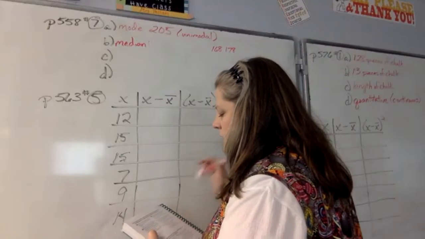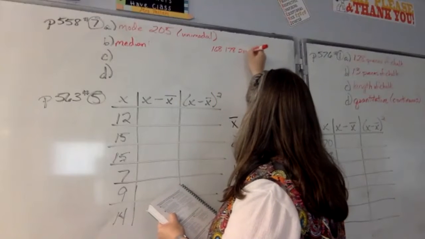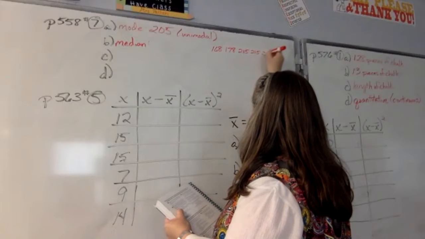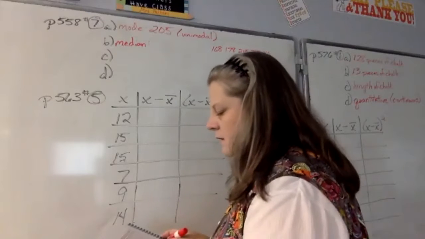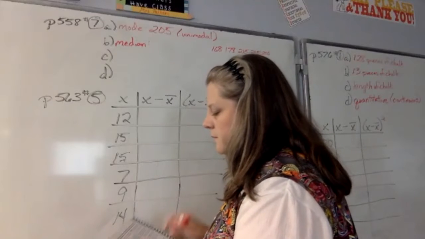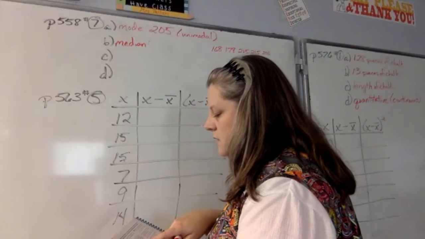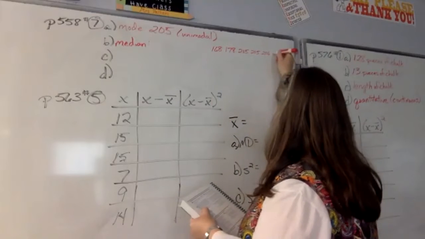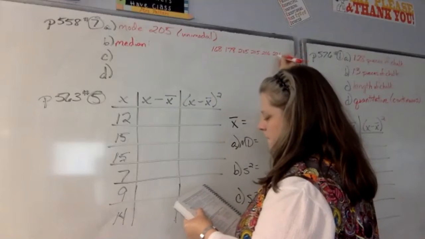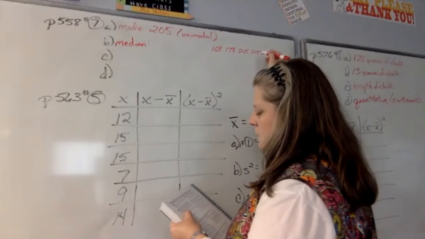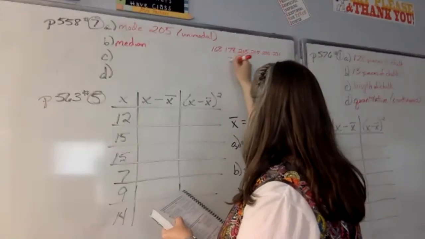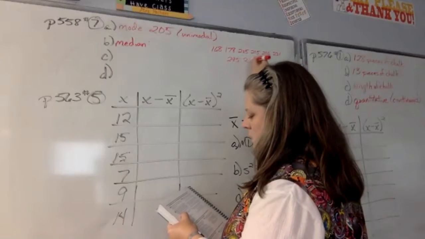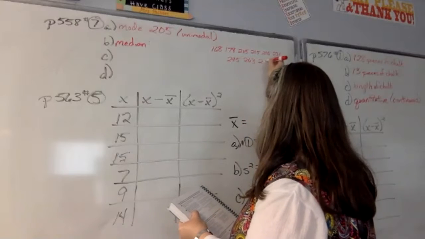And then the 200s, we had the 205, 205, 206. What's next? 231. Then what? 245. 263, 297.